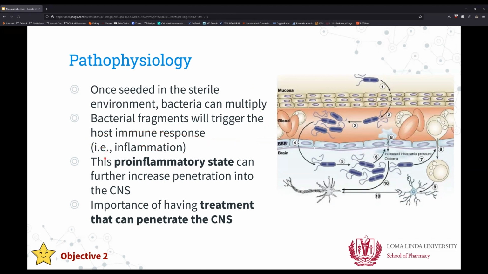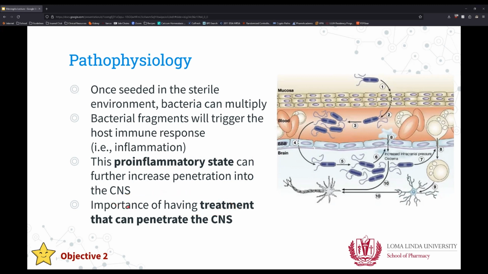And with inflammation, this is essentially a positive feedback loop where the pro-inflammatory state can further increase penetration into the CNS. By increasing the penetration, these gap junctions are going to increase in size, and more can enter the CNS, whether that is more bacteria or, alternatively, more antibiotics that can pass through.